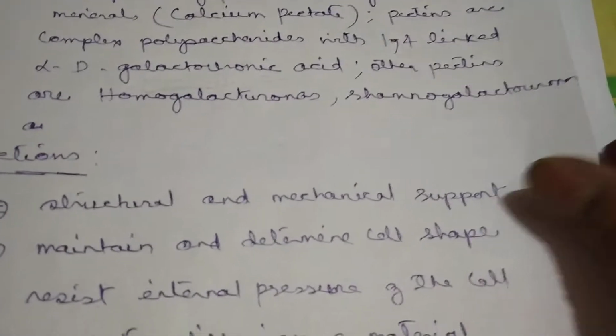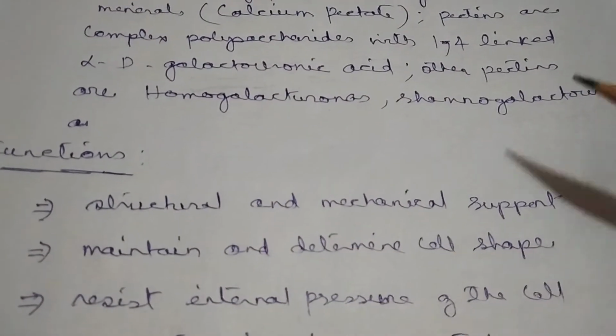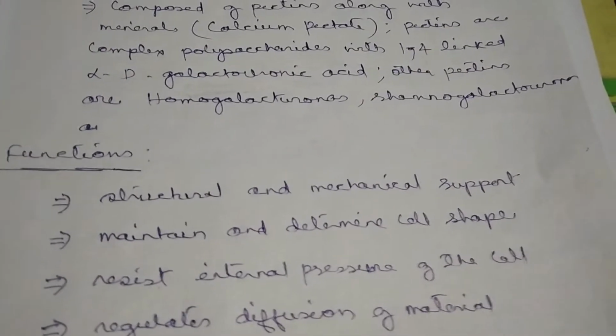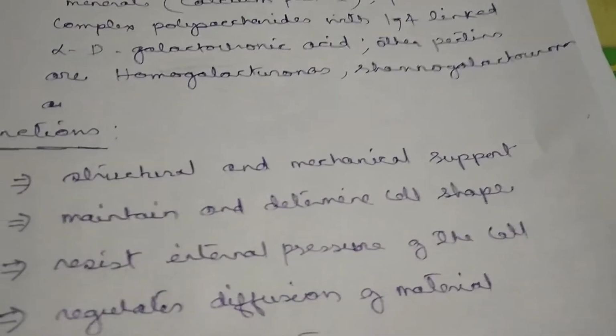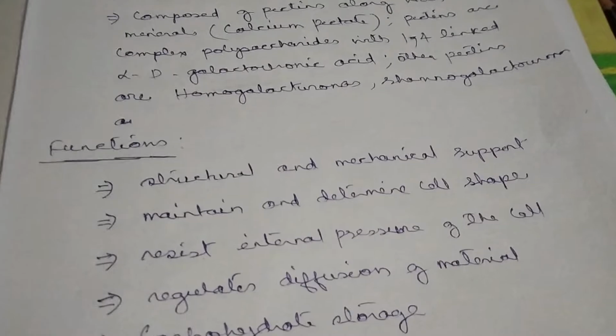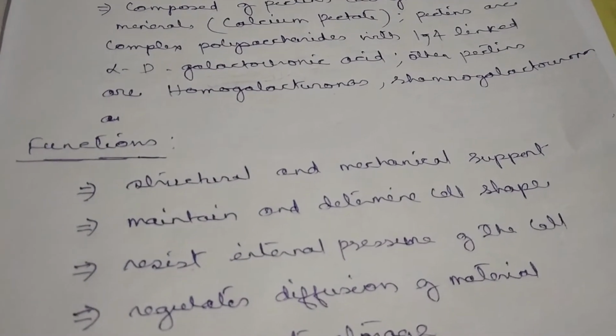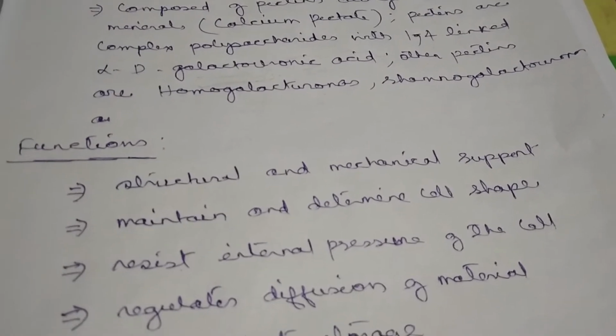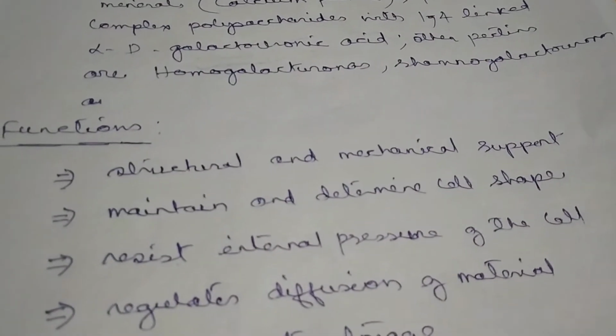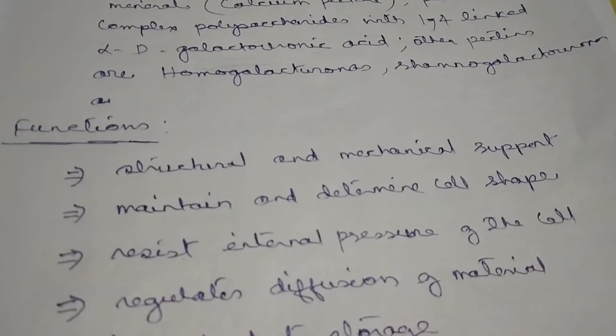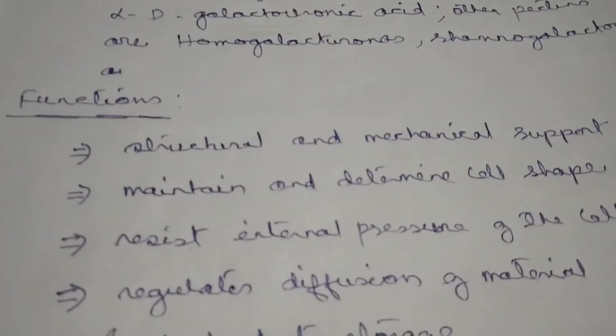Now the functions. They provide structural and mechanical support. As we all know that plant cell does not have a skeleton, and the land plants need structural and mechanical support. So the cell wall provides rigidity and support to the plant cell.